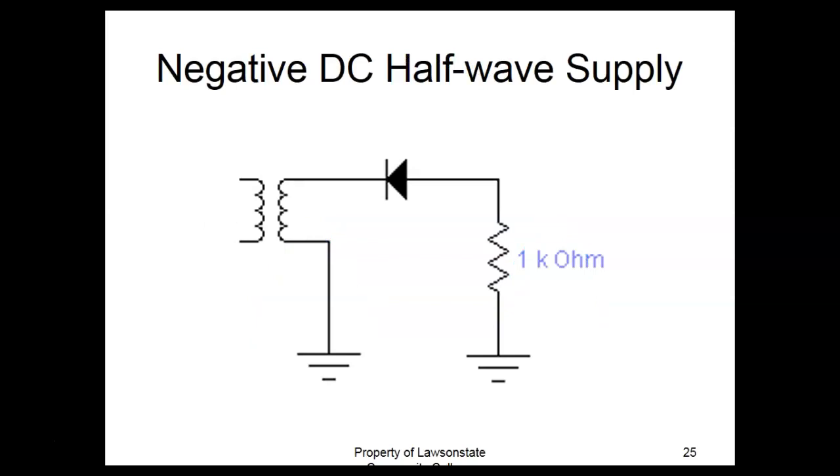We looked at negative, and of course on half waves, what we're looking at is what side of the diode is pointing back toward the source. And we know the bar end is called the cathode, and we know the arrowhead is called the anode.